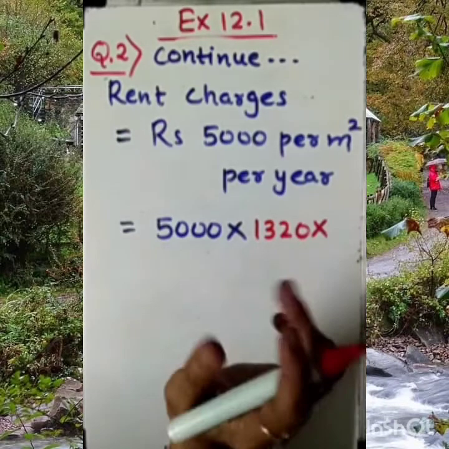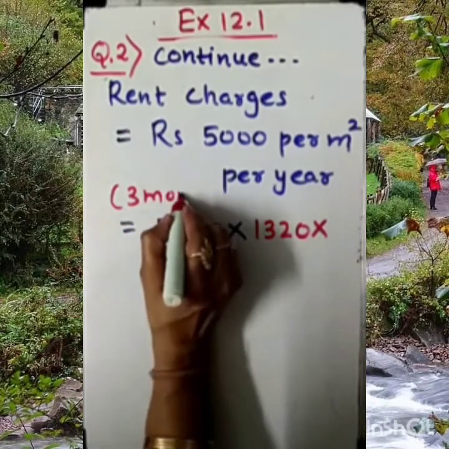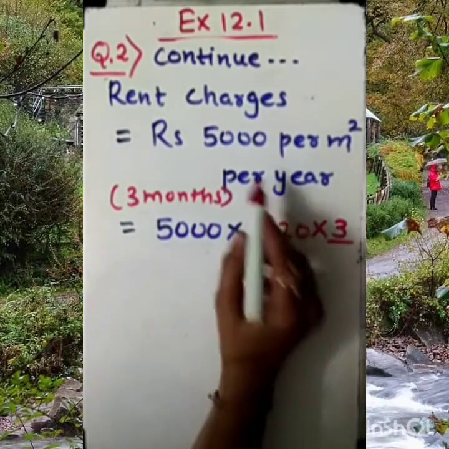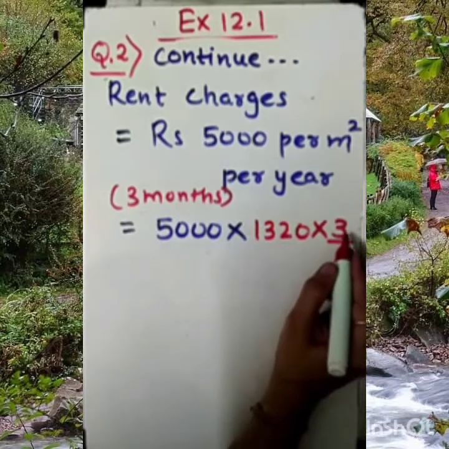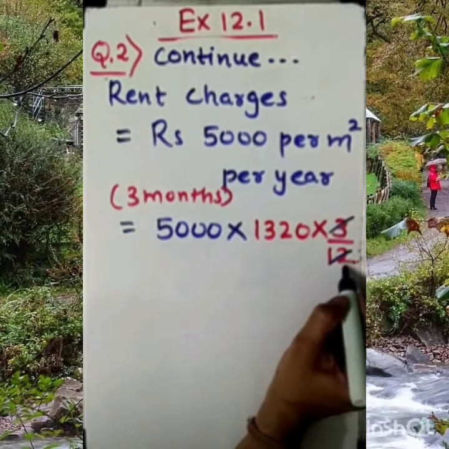We have to find it for 3 months only, and the rate is per year, so I need to mention 3 by 12, because 3 months is 1/4 of the full year. So here it will be cancelled by 4.